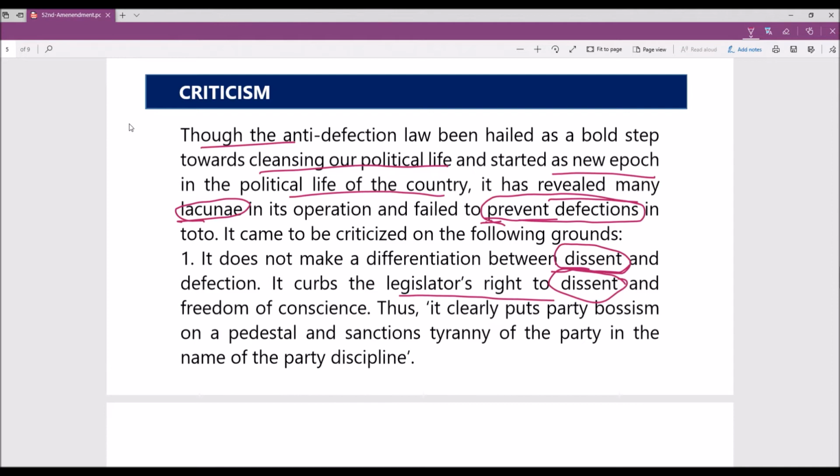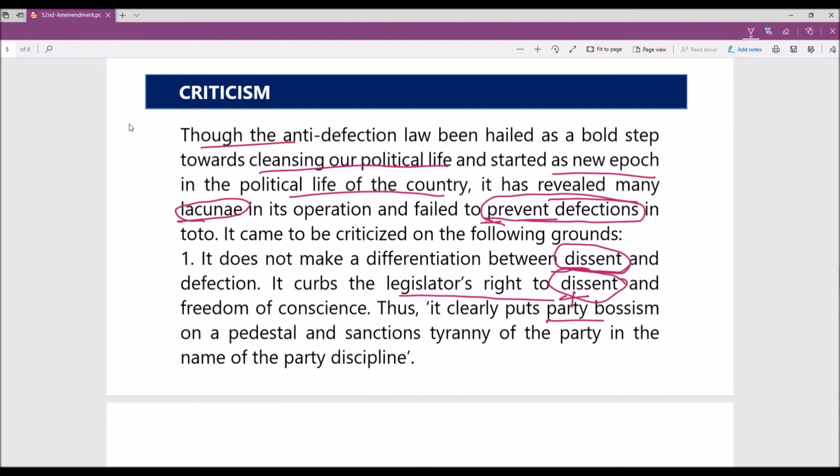And we have seen Indian politicians are really not ethical. These are a bunch of crooks or unethical persons, with maybe a few exceptions. Freedom of conscience: the criticism is that it does not differentiate between dissent and defection, and there is no place for dissent. This clearly puts party bossism in place, like the party is the boss.